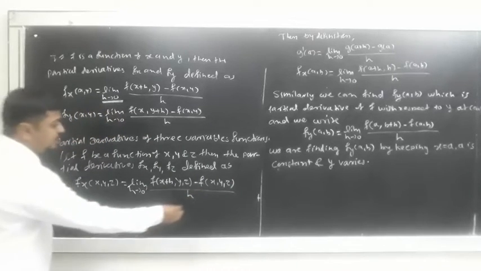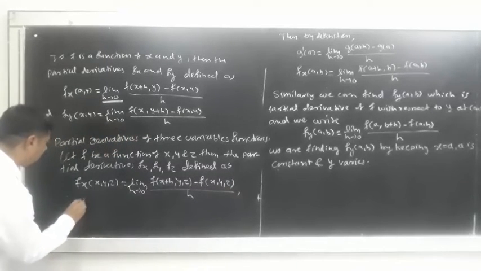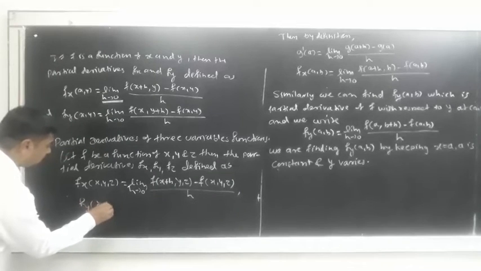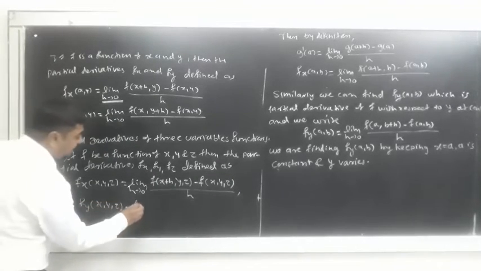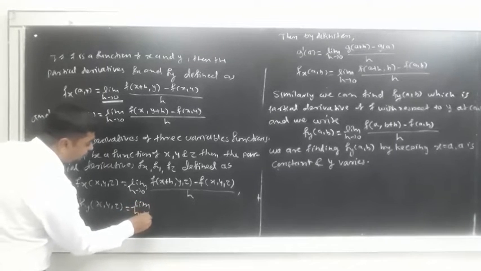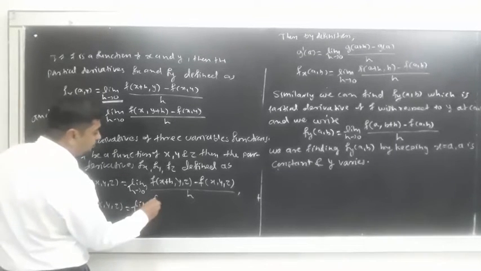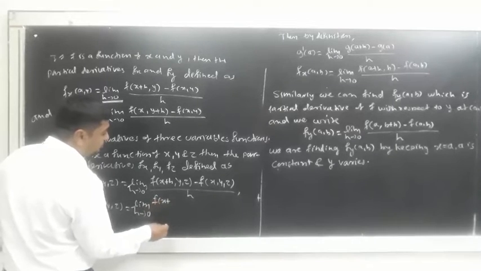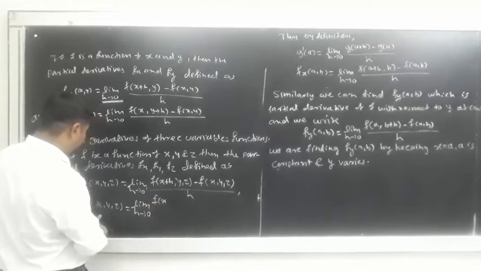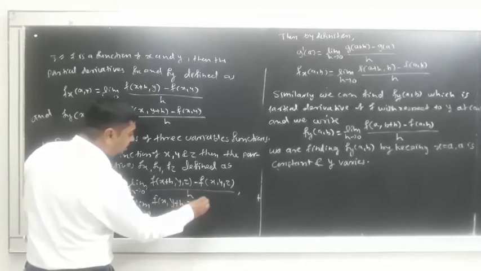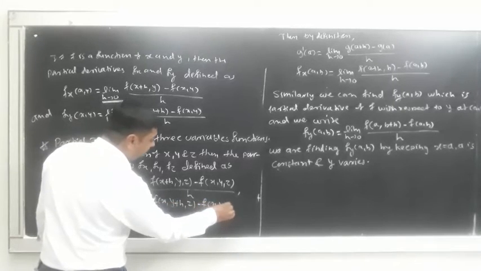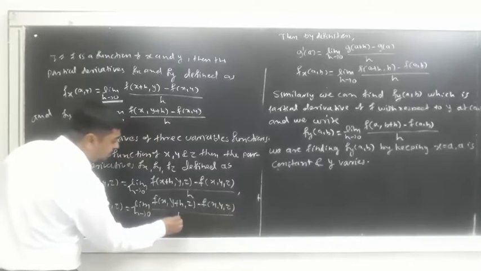Similarly, fy of x, y, z is the limit h tends to 0 of f of x, y plus h, z, minus f of x, y, z upon h.